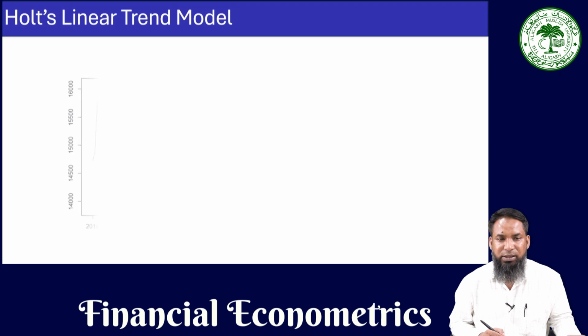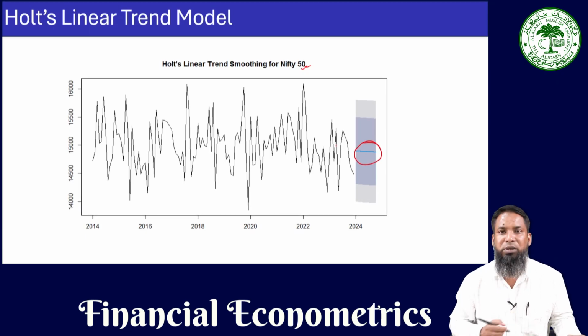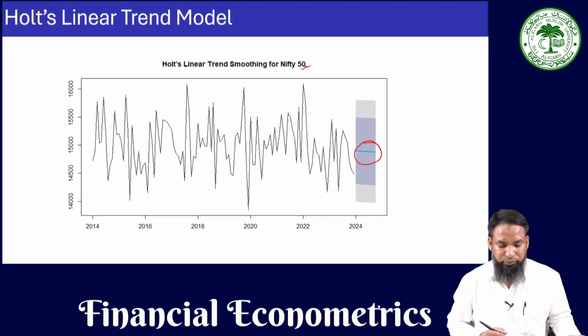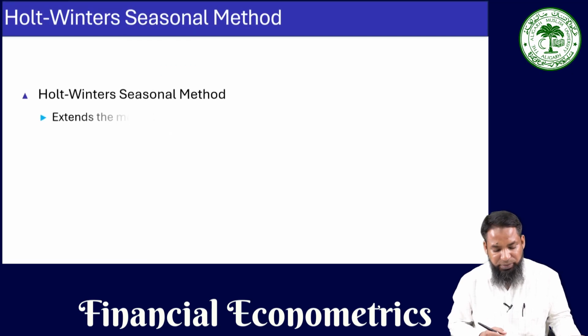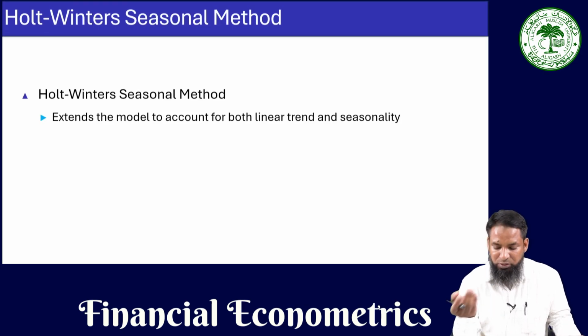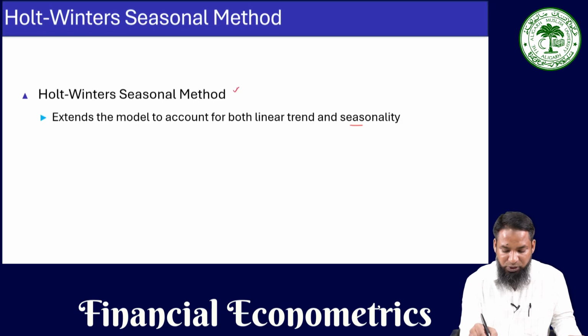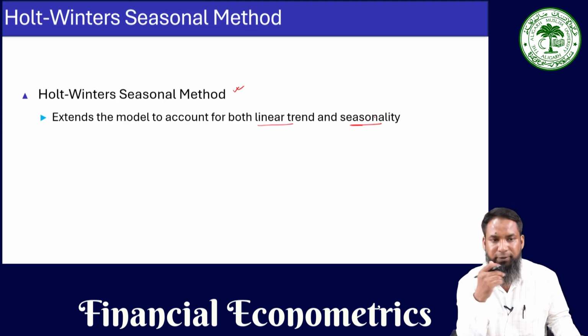So let us see, in this case the same data for Nifty 50 we have used, and we have the forecasted value here. Then another method is the Holt-Winters seasonal method. Basically it extends the previous model to further account for the seasonality. That means this model accounts for both the linear trend and the seasonality present in the data.